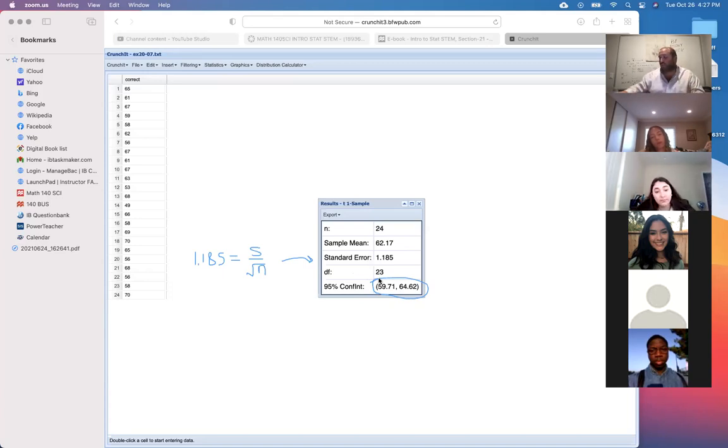Now, somebody interpret this confidence interval for me, please. In the context of this problem, what does that confidence interval mean?